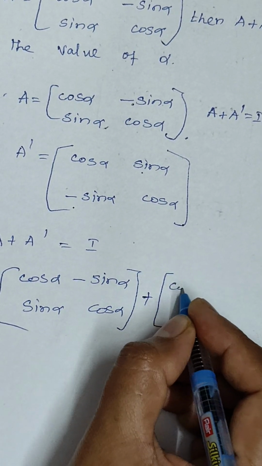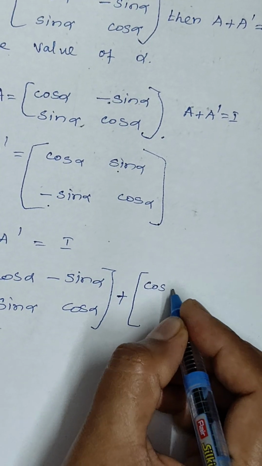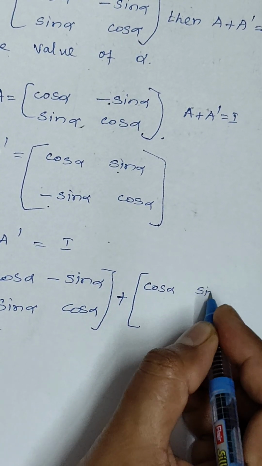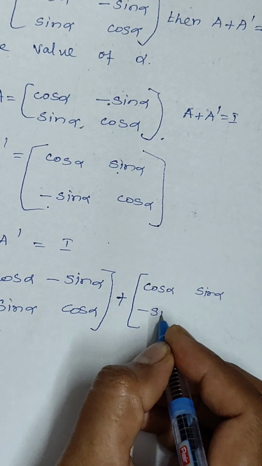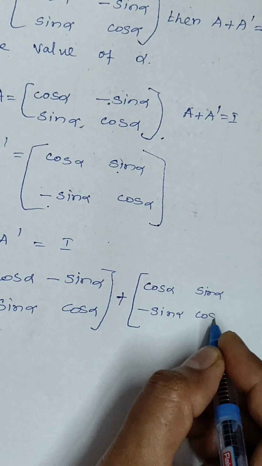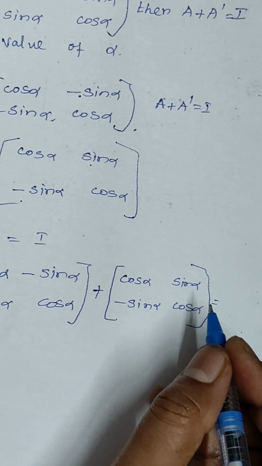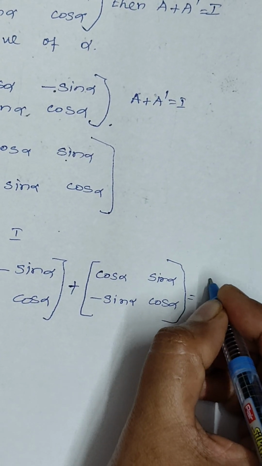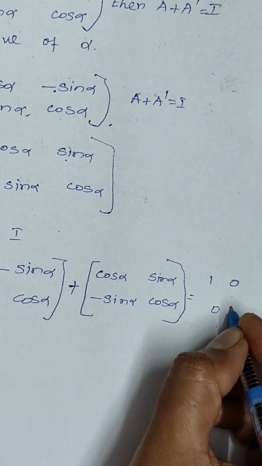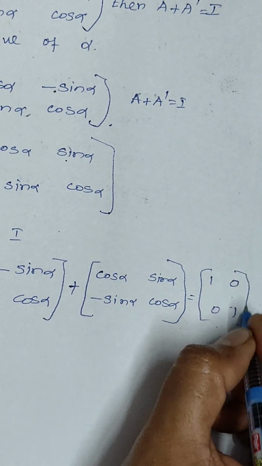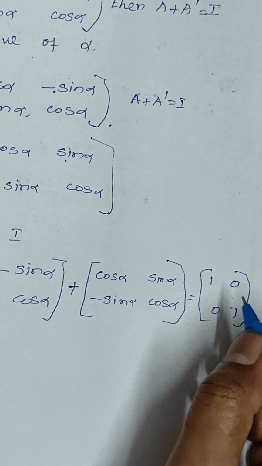That is cos alpha, sin alpha, minus sin alpha, cos alpha. Equal to what is given? That is the identity matrix. Identity matrix is 1, 0, 0, 1 because it is a 2 cross 2 matrix. Therefore 1, 0, 0, 1.